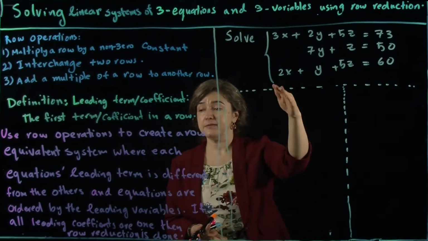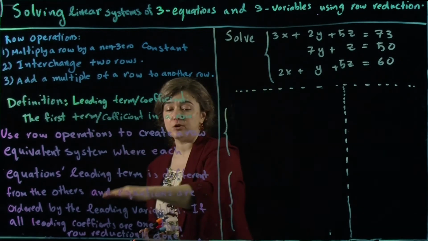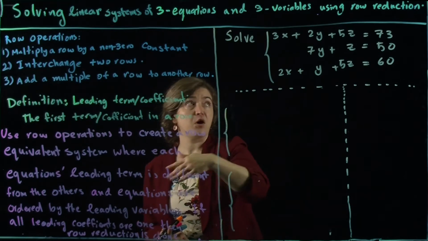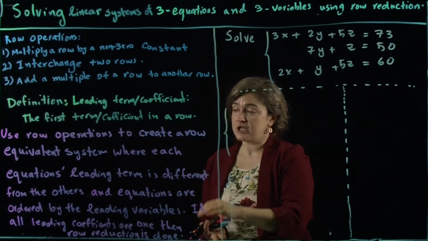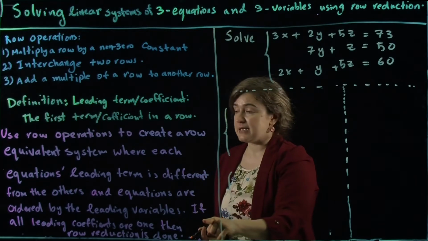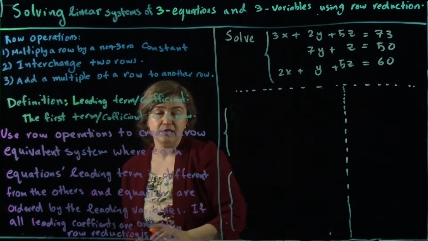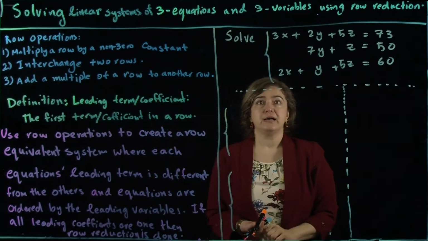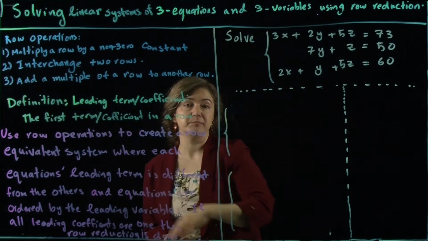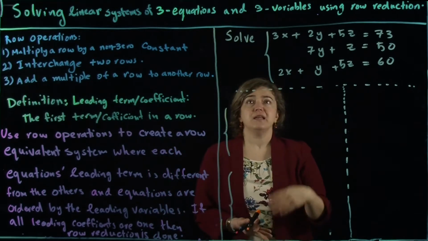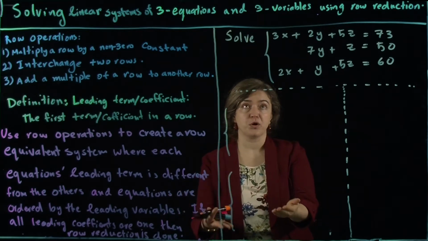And so the first description that I gave you is part of row reduction. Another part of the row reduction is this statement: if all leading coefficients are 1, then row reduction is done. Let's start with an example to see how this row reduction works.